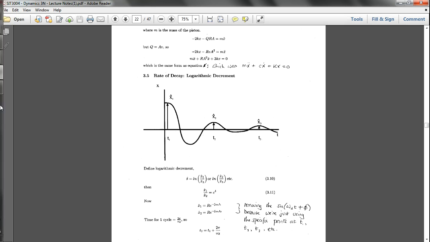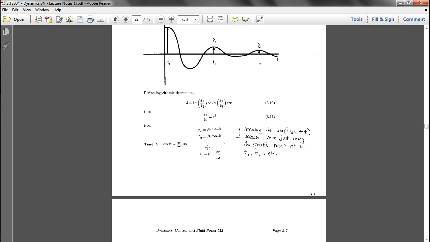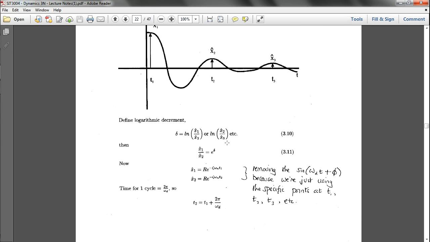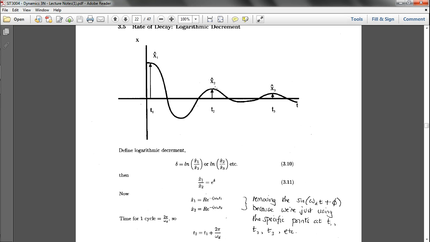Since x1 is related to x2, gamma, I think this is called gamma, or sigma, whatever, is equal to the natural log of x1 divided by x2.